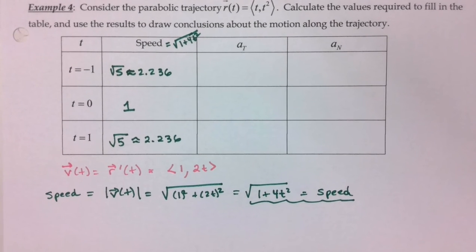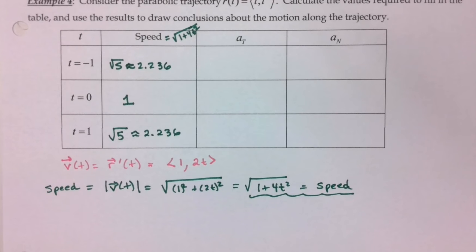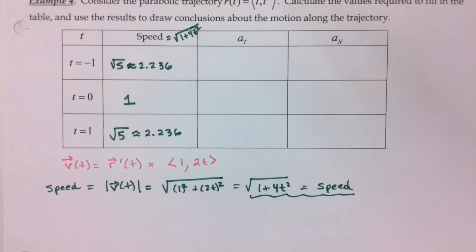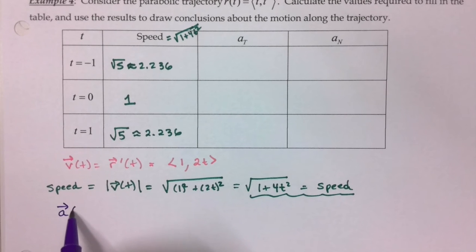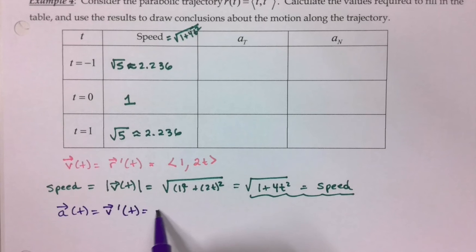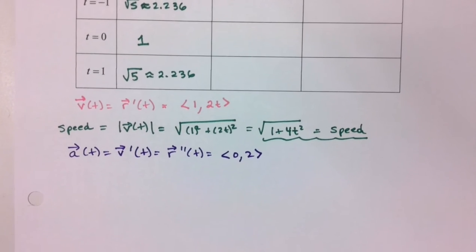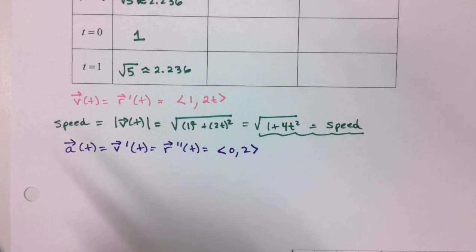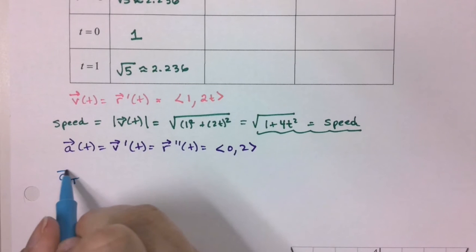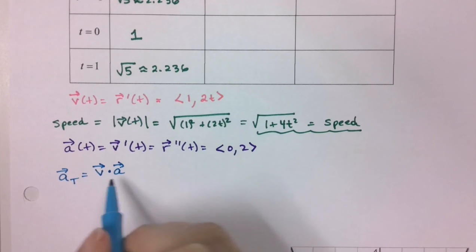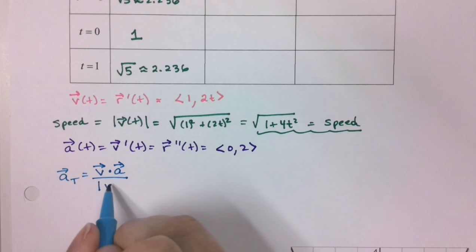Now I'm going to have to find the acceleration component in the tangential direction. To do that, I'm going to need first my acceleration vector. So the acceleration vector is, of course, the derivative of your velocity vector, which is the second derivative of your position vector, which would be 0 and 2. So that means to find my acceleration component in the tangential direction, the formula says take the velocity vector dot product with the acceleration vector and divide it by the speed.